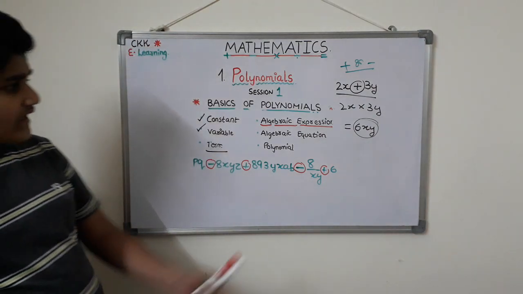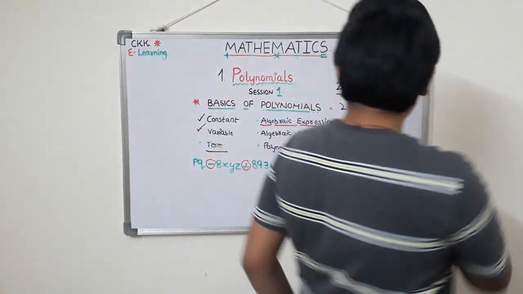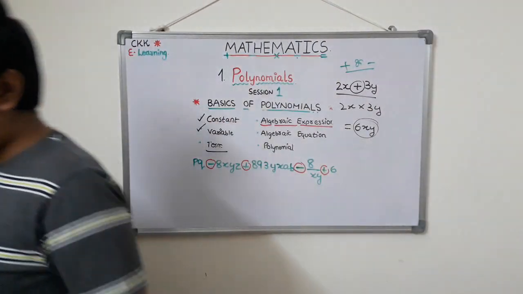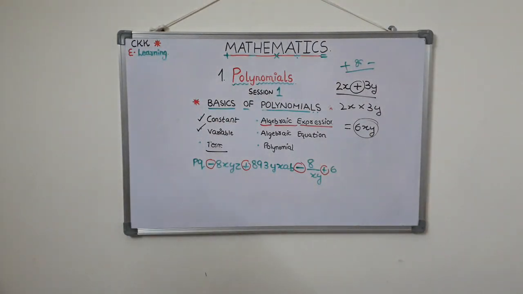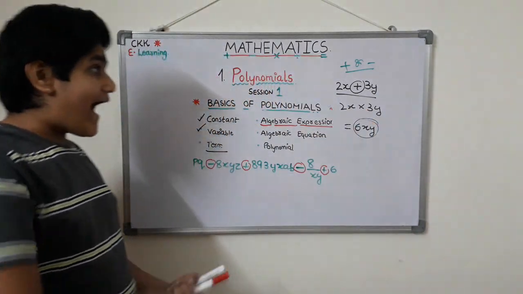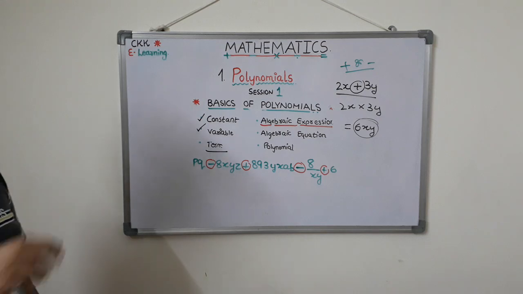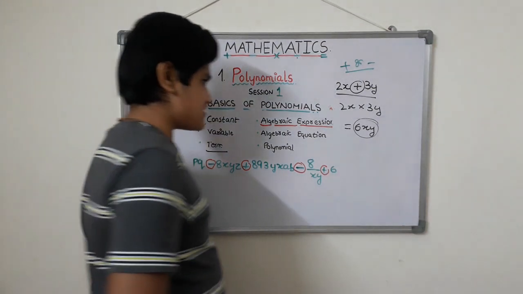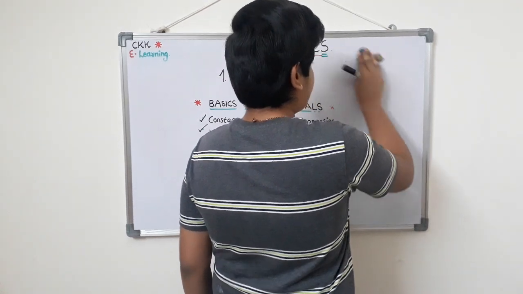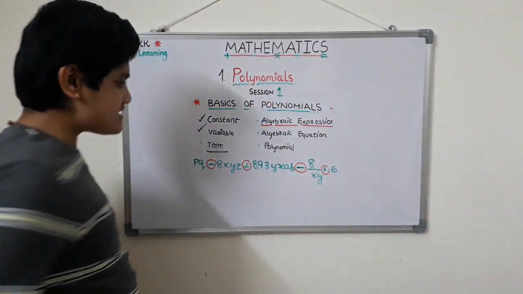So we will get an answer, that is 6xy. This is a term, this is not an algebraic expression. Be clear with the concept. That's why we will never multiply or divide. You have to just add or subtract. Then that will be considered as an algebraic expression. Is it clear? Did you understand the concept? I hope it's clear.